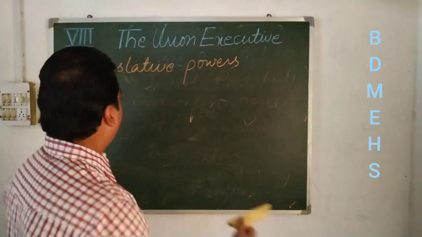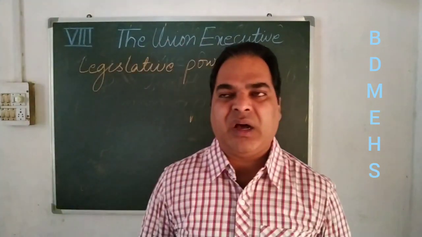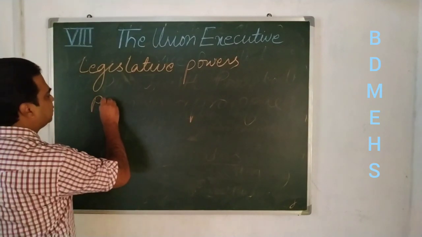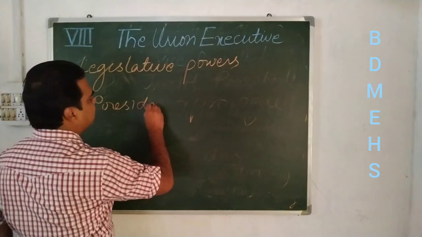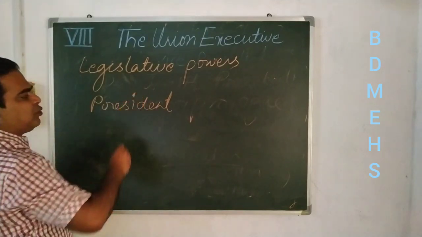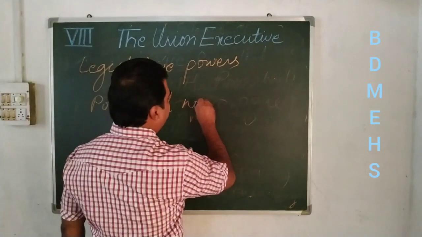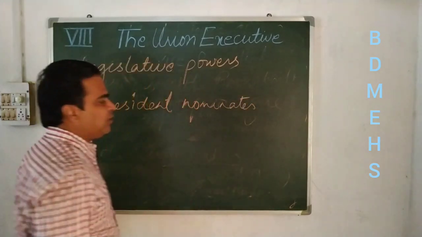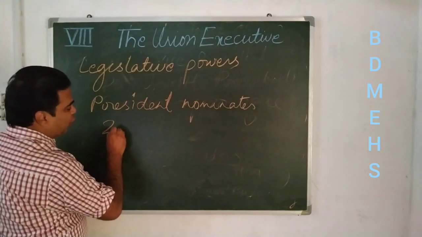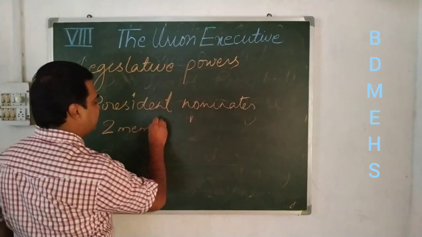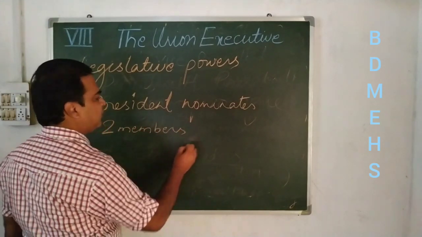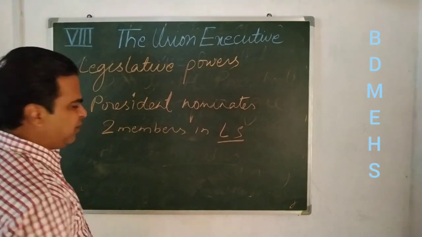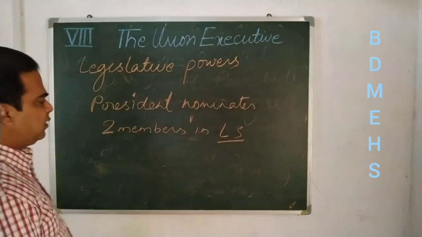One more: the President nominates. The President nominates 2 members in the LS, Lok Sabha, and 12 members in the RS, Rajya Sabha. LS means Lok Sabha; I am using it just for your understanding, to make it short.